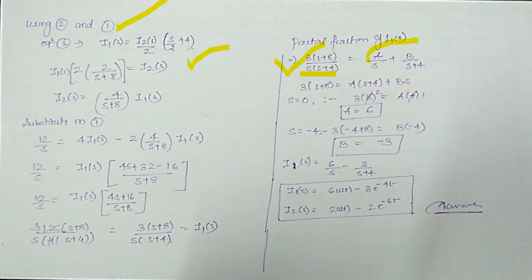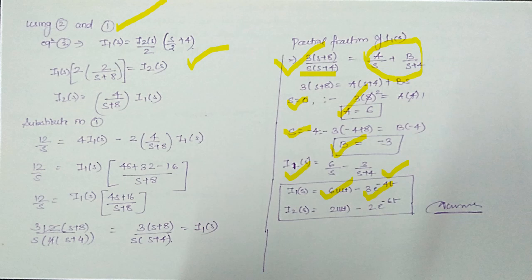Again partial fraction: A by s plus B upon (s plus 4). Standard method: s equal to 0, you will find A value is 6; s is -4, B value is -3. Substitute that and you get I1(s) as 6 divided by s minus 3 divided by (s plus 4). Taking the inverse Laplace, you will find 6 u(t) minus 3 times e to the power minus 4t.